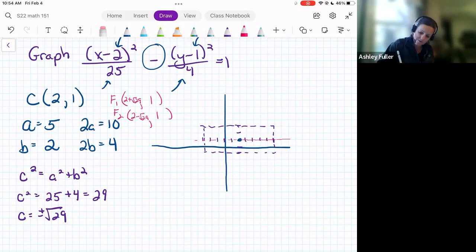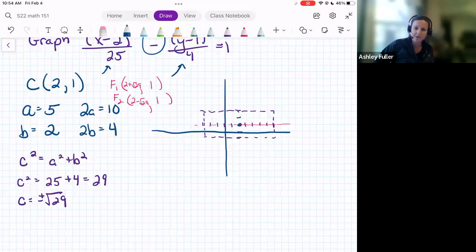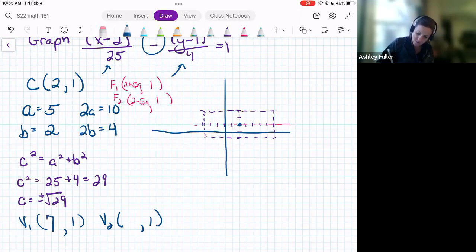And likewise, we can find our vertices by using the values for a. So our vertices are also going to travel along that same line, which tells us that our y values are going to remain the same. And then our x values will change by a value of 5. So we add 5 to get (7, 1), and we subtract 5 to get (negative 3, 1).